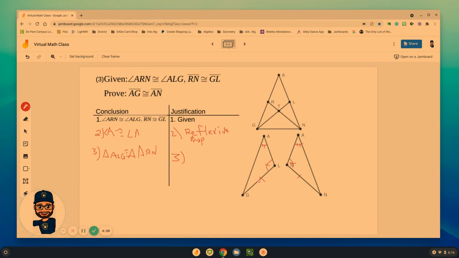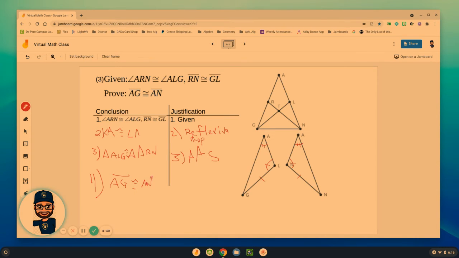Angle, angle, side, AAS. And now that we have the two triangles congruent, we can go one step further to say that those parts are congruent, that AG is congruent to AN.